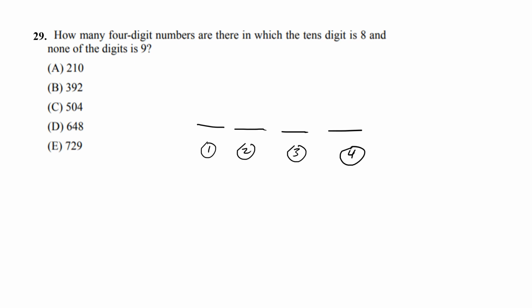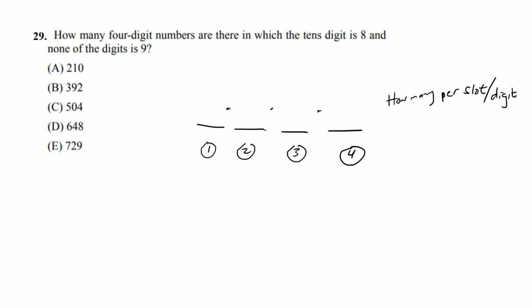That's a lot of 4-digit numbers. What these are representing is how many can we choose for each slot, or per digit, okay? And then you just multiply them all together. It's a very basic multiplication counting principle, right?